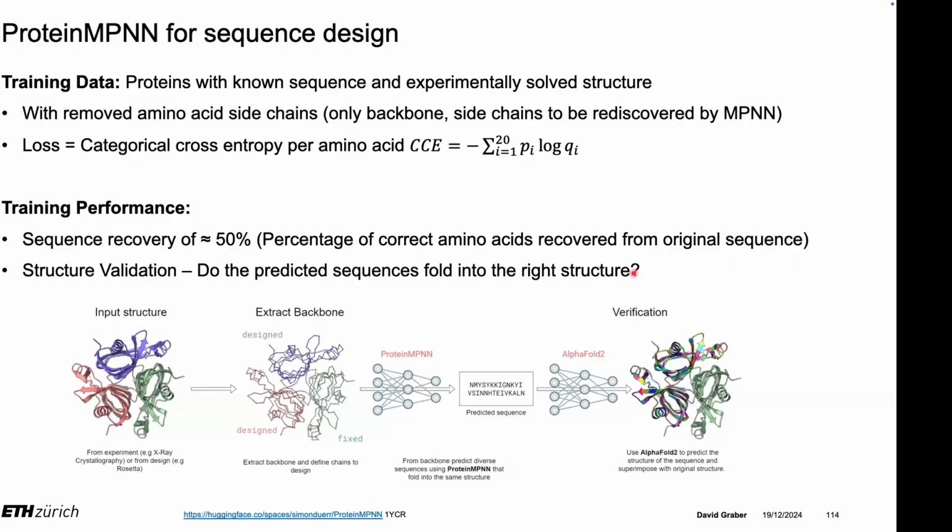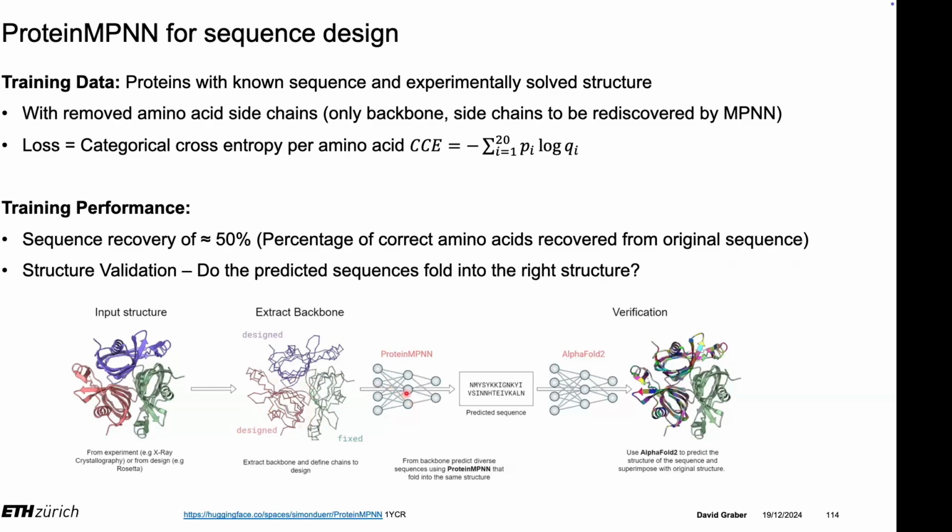So the more important thing to do is this structure validation, to find out if these predicted sequences that you've designed for your backbone actually fold into this backbone. So the workflow is like this: you have this input structure, an experimentally solved crystal structure of a protein, and then you reduce it to the backbone and remove all side chains.